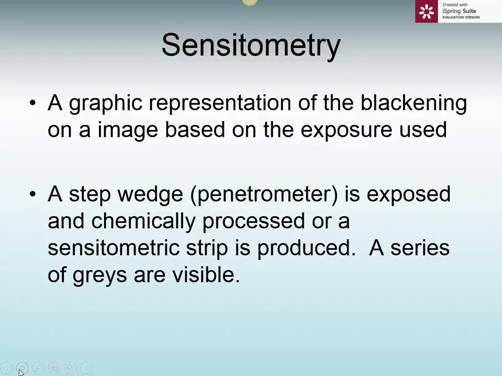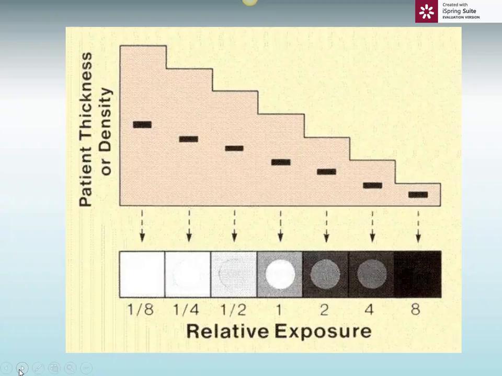A penetrometer or step wedge, and you've seen these penetrometers before. They are of multiple thicknesses and are exposed so that you are going to have different degrees of attenuation based on the different steps. That film is then chemically processed and what you're going to do is produce an image that has a series of grays.